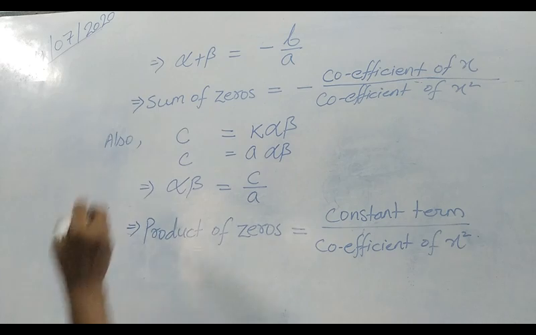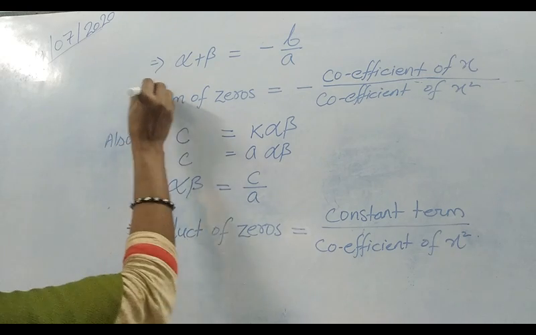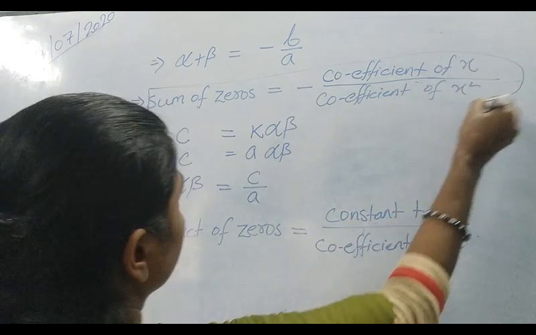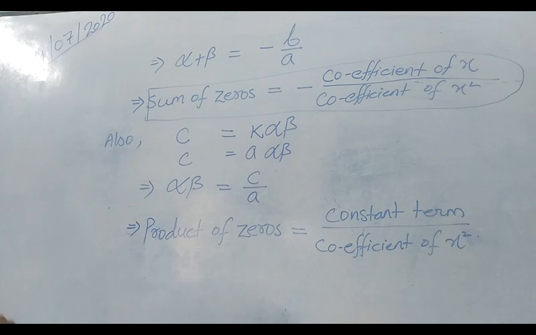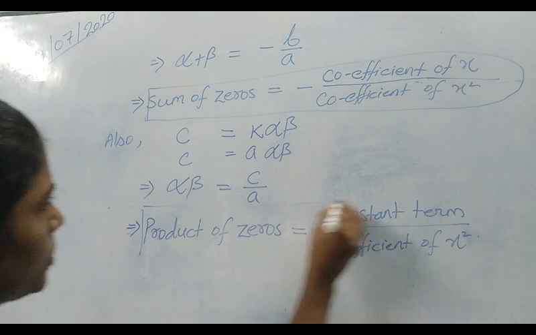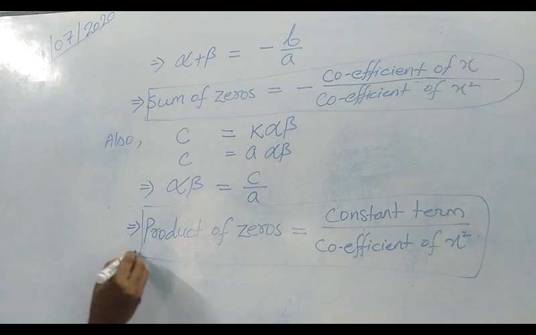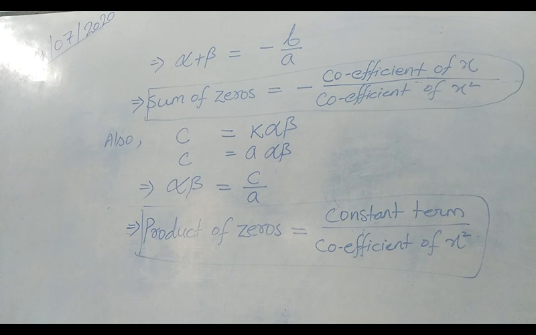So this is the relation between the zeros and the coefficients. Zeros and the coefficients here also. So this is the required relation between zeros and the coefficients and the constant terms.